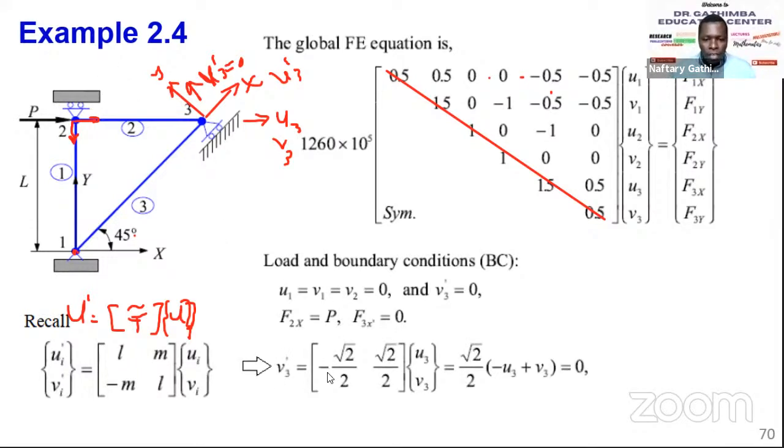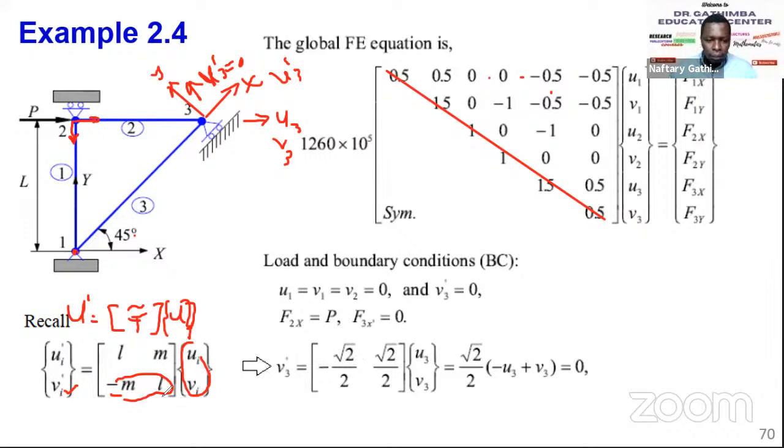So if we want to transform V prime 3, which we know is 0, into the global coordinate system, you just need to take this part and this part, and that's why it's simplified here.